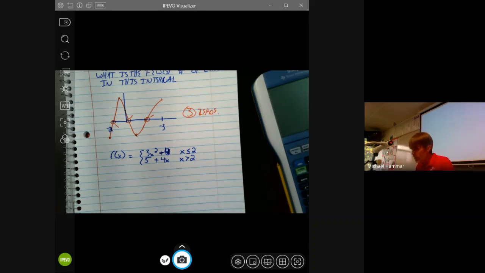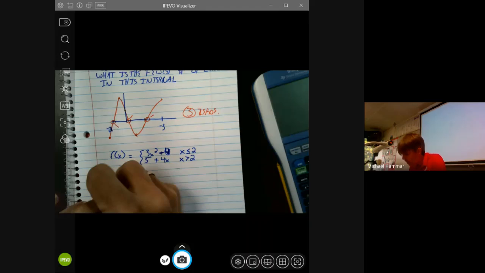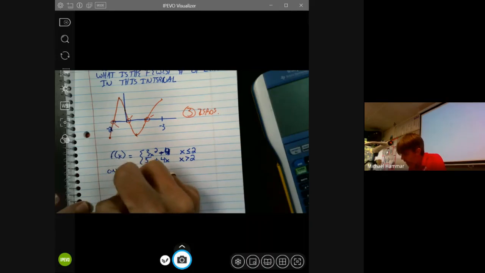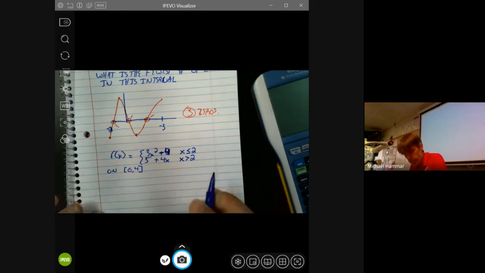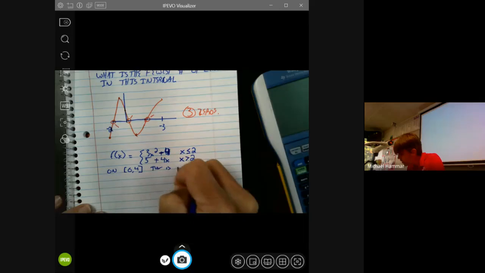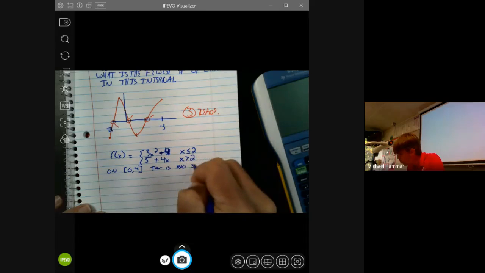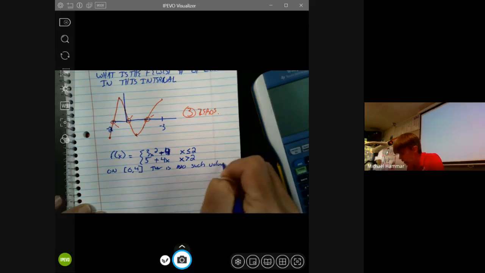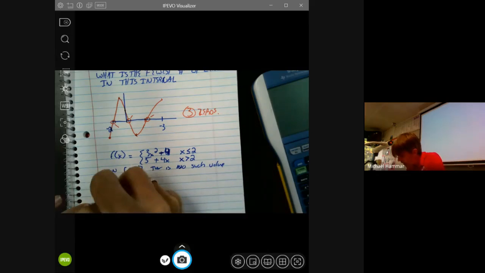It says, on the interval between 0 and 4, okay? It says there is no such value f of x equals 10.